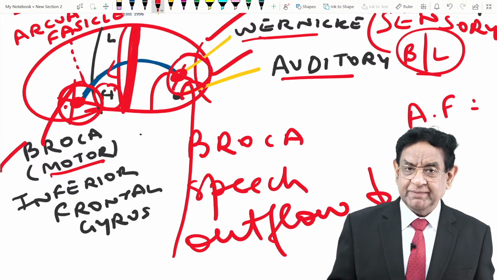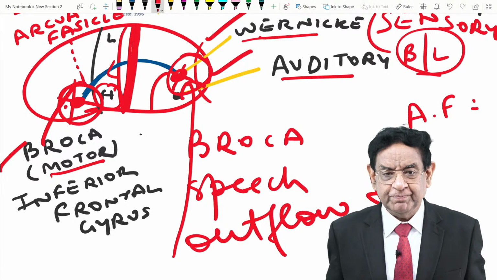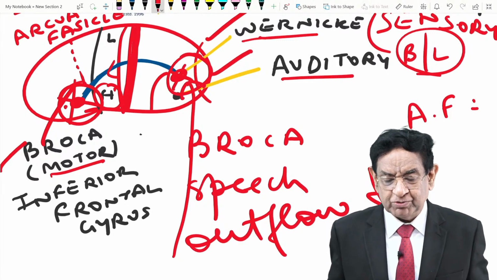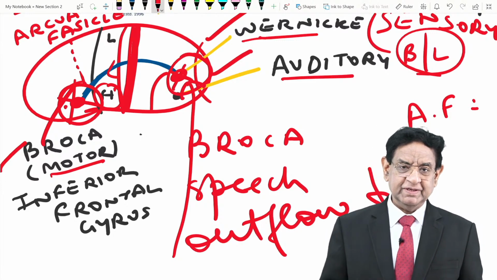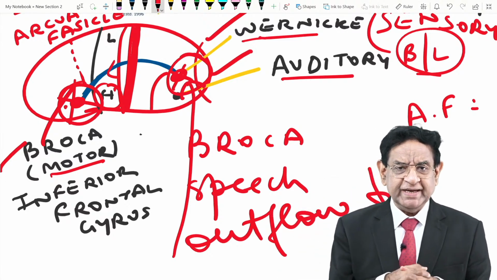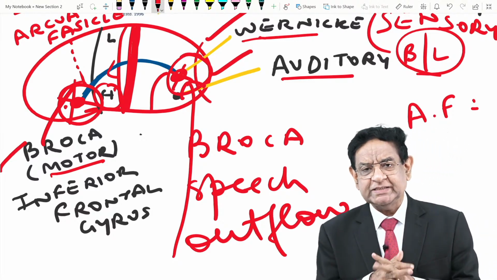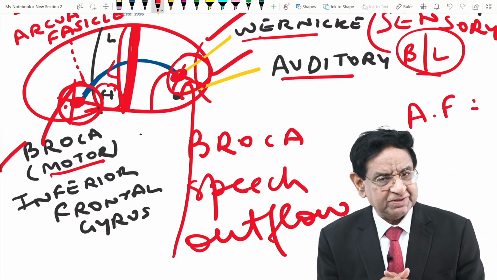So he's not able to repeat because the message cannot go from Wernicke area to Broca's area. I hope you are clear about it. To summarize, in Wernicke area it is senseless speech. In Broca's area, speech outflow is lost.